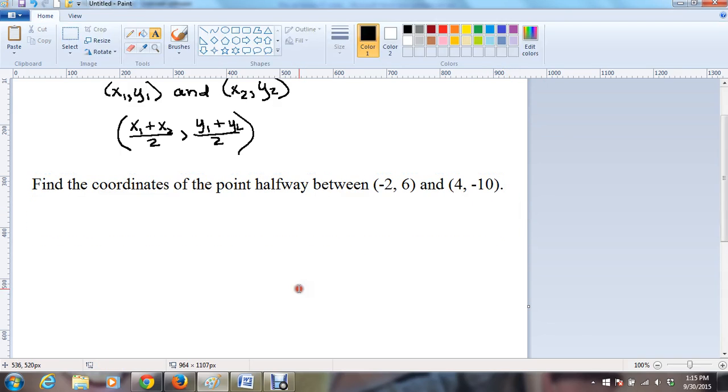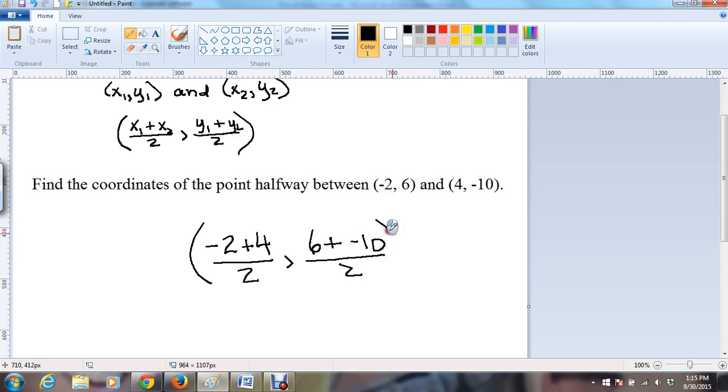Then all you have to do is set up this average of the x's, average of the y's. So for the x's, you've got -2 and 4, divided by 2. And then for your y's, you've got 6 and -10, over 2.